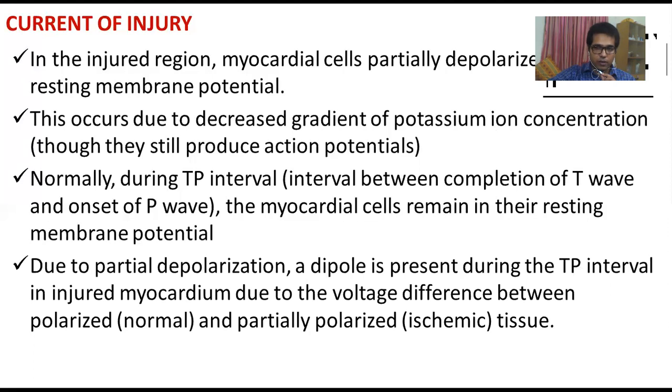So it remains relatively depolarized. There is a charge difference even in this resting condition, and that causes a flow of current from the infarcted tissue to the surrounding tissue. That will elevate the TP segment, as at the resting condition the infarcted tissue remains partially depolarized.